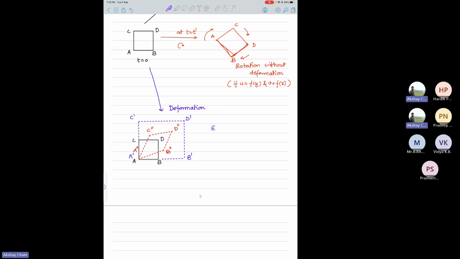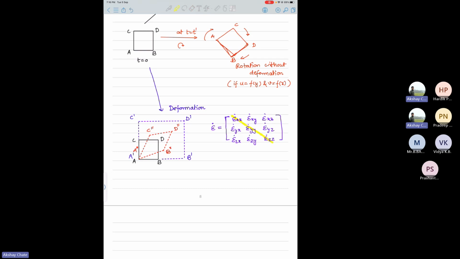Typically epsilon is used for it, and since it's a rate of deformation, it typically has this type of structure: xx, xy, xz, then yx, yy, yz, zx, zy, and zz.